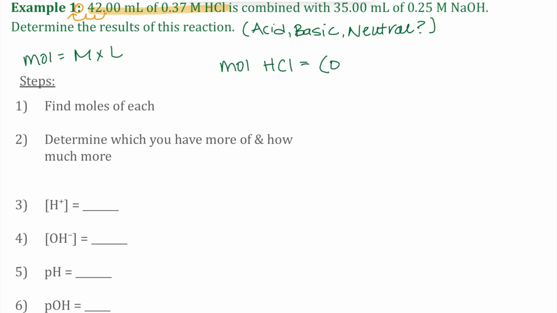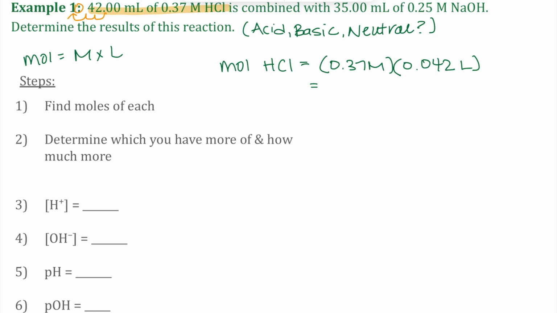my moles of HCl is my molarity, 0.37 molar, times liters, 0.042 liters. I'm dropping the zeros at the end. I'll take those into consideration in my sig figs in a minute. But because this is 2 sig figs, keeping those zeros on the end isn't going to make more sig figs.